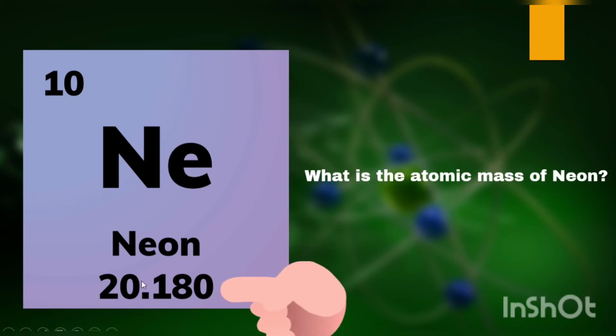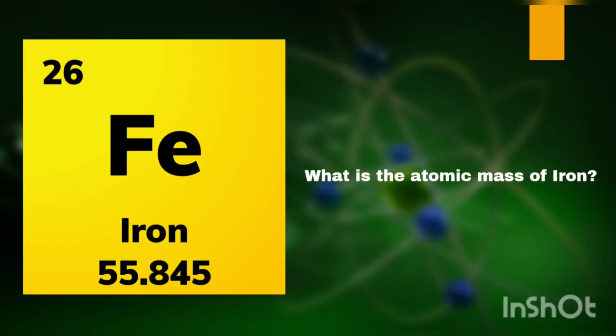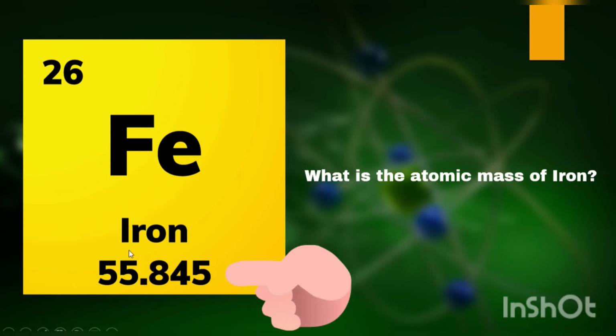As you can see, the atomic mass of neon is 20. What is the atomic mass of iron? If your answer is 56, then you are correct. Why 56? 55.845, you round it off, then you have 56.